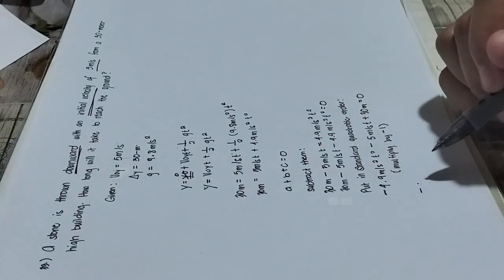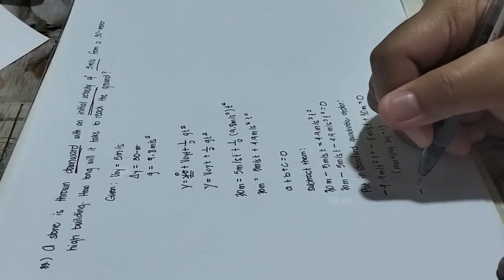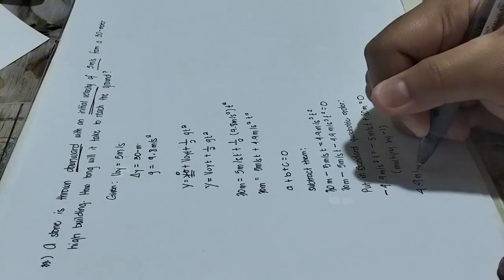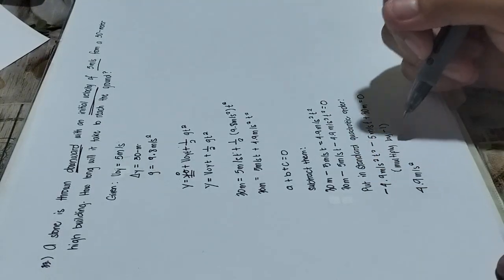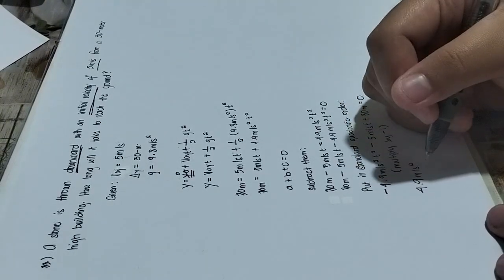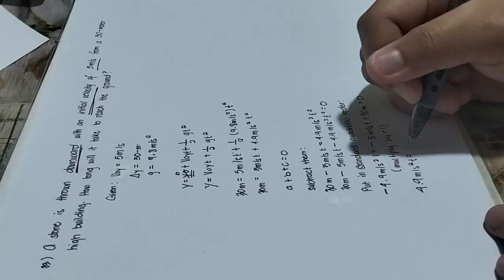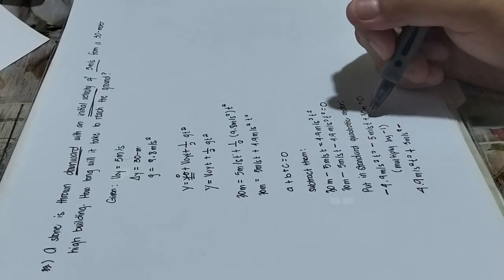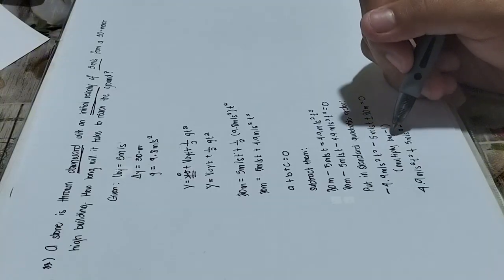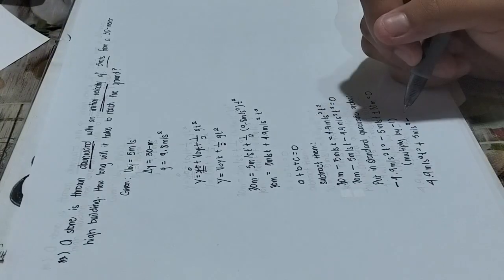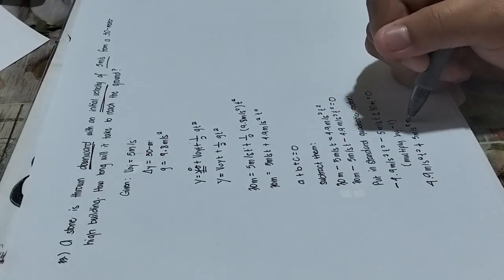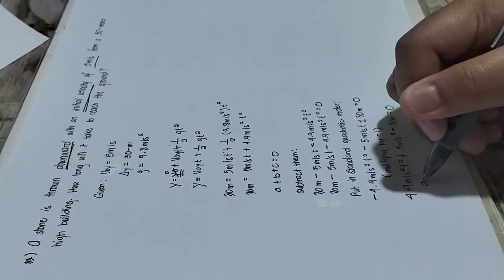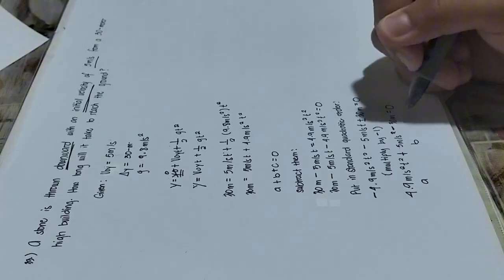Instead of -4.9, this will be a positive 4.9 because it is already multiplied by -1. And 30 would be negative because it is positive, so if we multiply it by -1, negative times positive results in negative. So this would be a, b, and c.